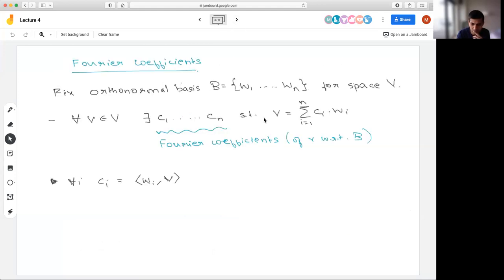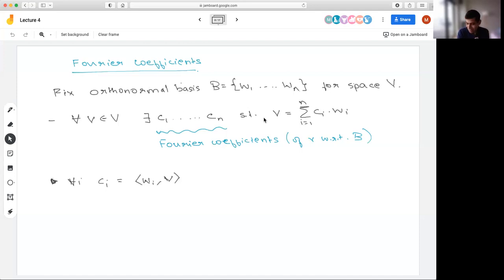Okay. So what did we do so far? We proved that you can start with a linearly independent set and get an orthonormal set. We can start with a basis and get an orthonormal basis. And we can do this for any inner product space, at least for finite dimensional ones, and also for Hilbert spaces if needed.